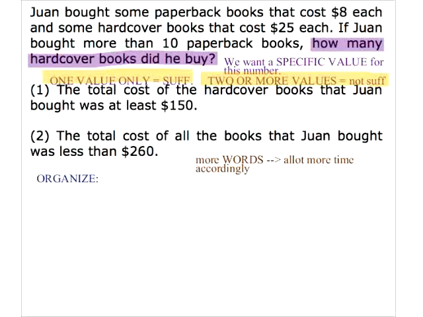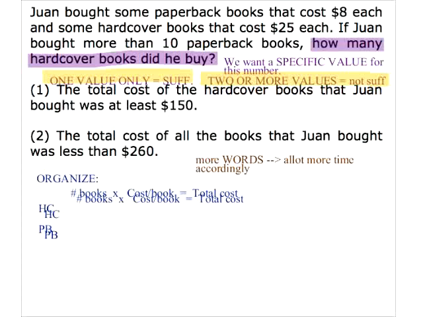For each type of book, we have the number of books, we have the cost per book, so that's total cost. And then we have hardcover books, and we have paperback books. And then remember, we should make the chart twice because there are two statements.